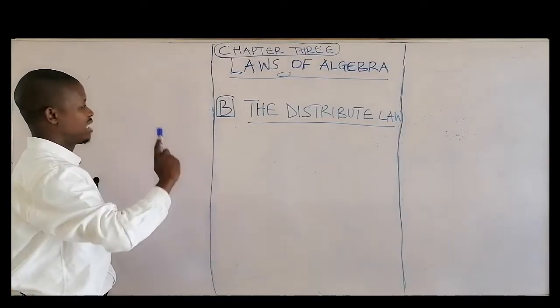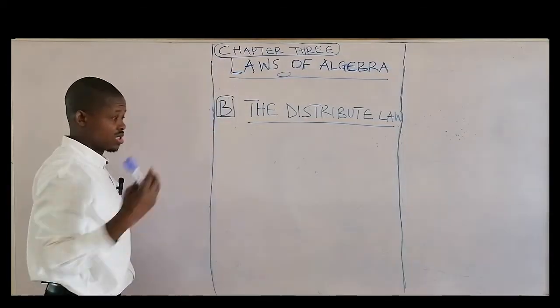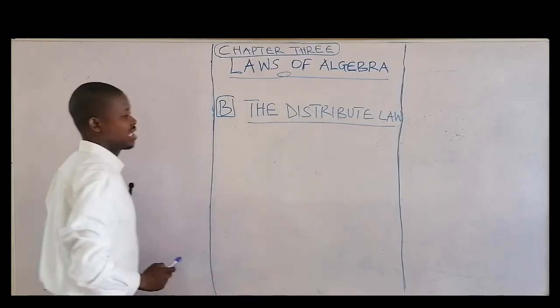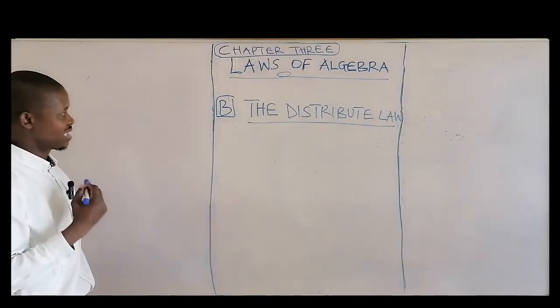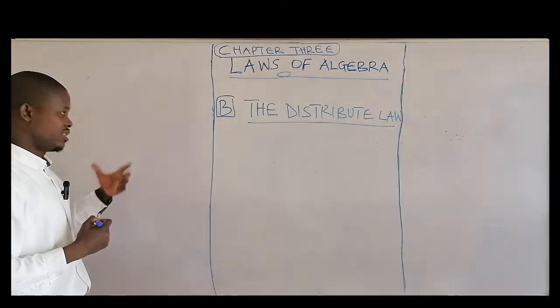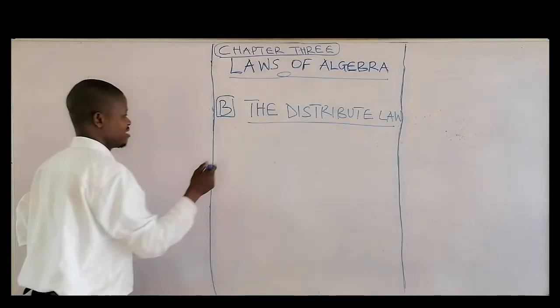Another subsection under these laws of algebra is the distributive law, and that's what we want to look into in this video. What is the meaning of distributive law? What it means is this.